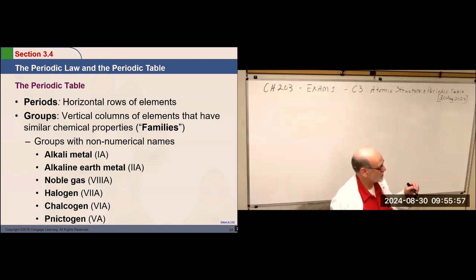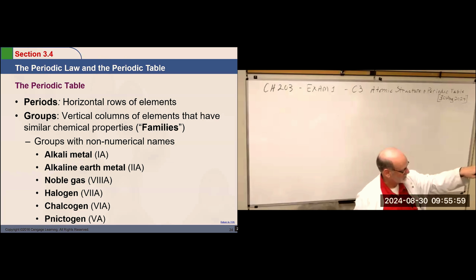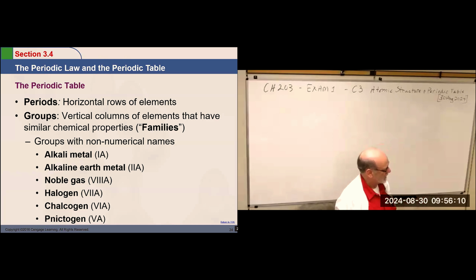And then you have the central group in there that starts with scandium, ends with zinc. In that region, they're called the transition elements or the transition metals. And then down below, you have the lanthan... Actually, the proper term is lanthanoid, but you can call it lanthanides.